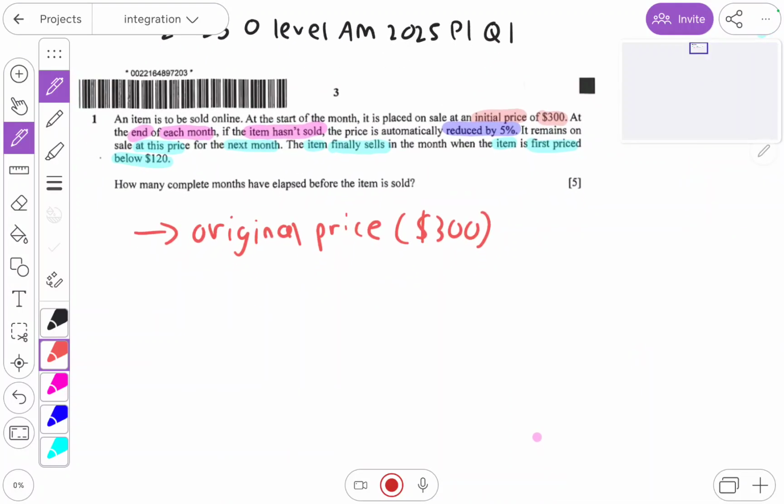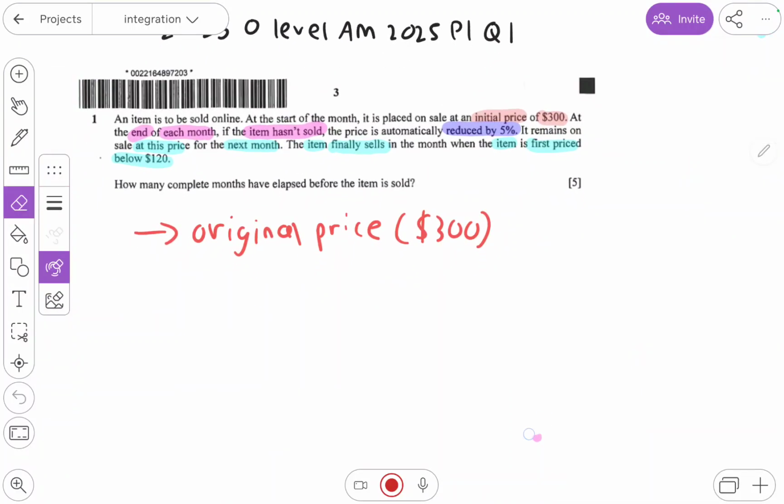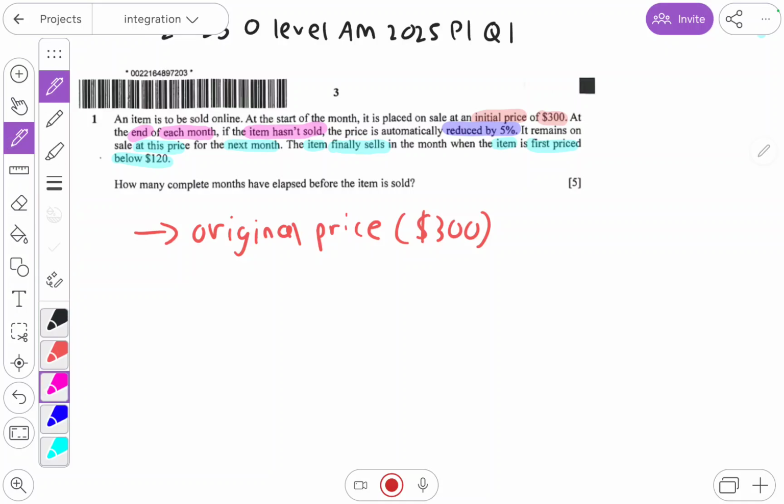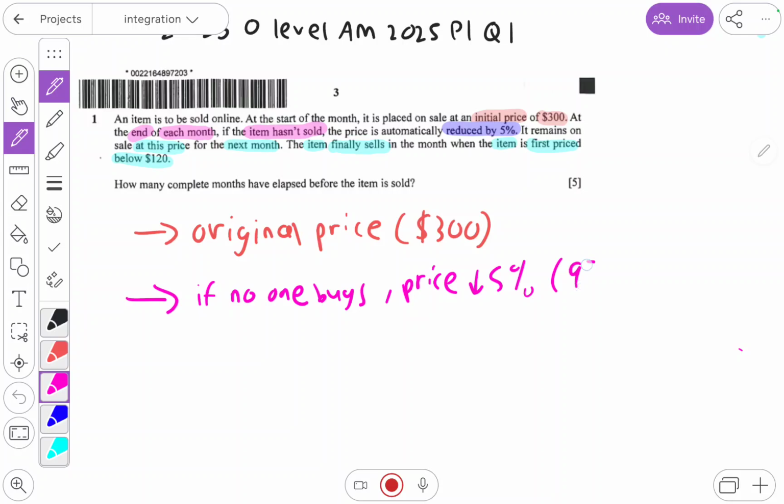At the end of each month, if no one buys it, the price will be dropped by 5%, which means it is 95% of the original price. Okay, do you see it?